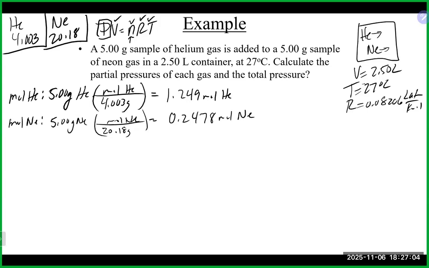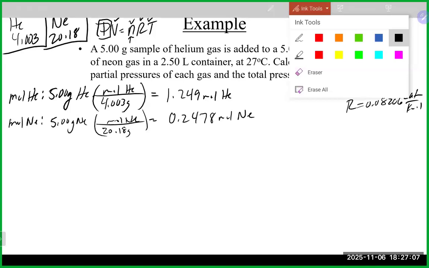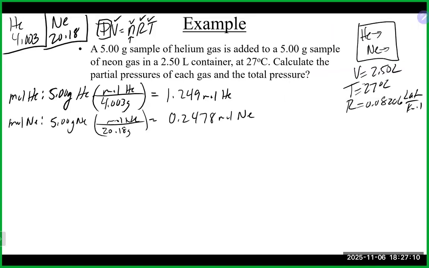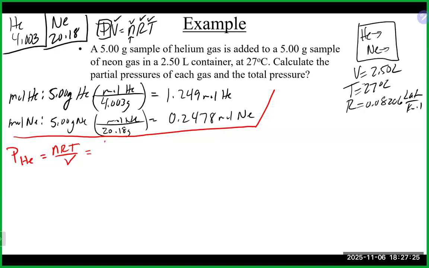So we're just going to use the ideal gas law twice. We can do this because we're under ideal conditions, so even though there are different gases flying around, they're not going to interact with each other. We'll go with the pressure of helium, nRT divided by V. We're going to use our moles, 1.249 moles of helium, times 0.08206 liter atmosphere per Kelvin mole, and our temperature, which we do need to convert to Kelvin, which gives us 300 Kelvin.